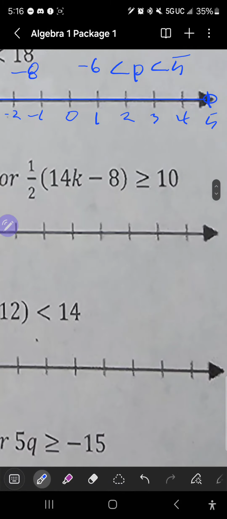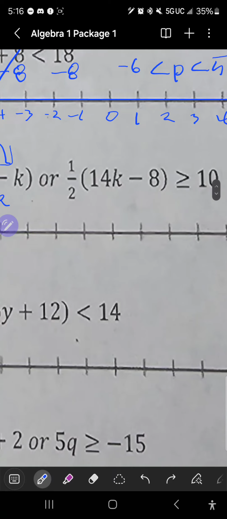Now for the second equation, we have 1 half times 14k minus 8 greater or equal than 10. I'm just going to keep working with this one here. When we are multiplying by 1/2, we are just multiplying the numerator times the numerator and the denominator times the denominator, which in this case is going to be 1, like 14 over 1 and 8 over 1.